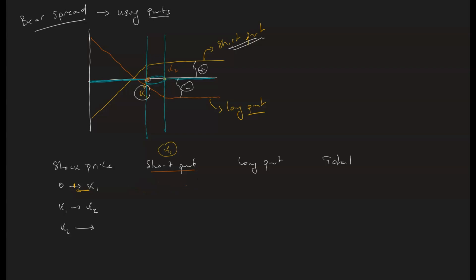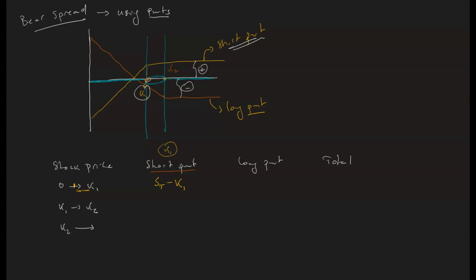So we can essentially say that that's going to be equal to stock price minus K1. That is going to be the stock price at that point in time minus the strike price, because you will be buying as the short put, you'll be buying down the line at the stock price and selling it to the long put at that price of K1. That will be your payoff there.